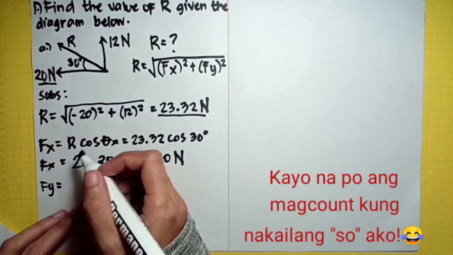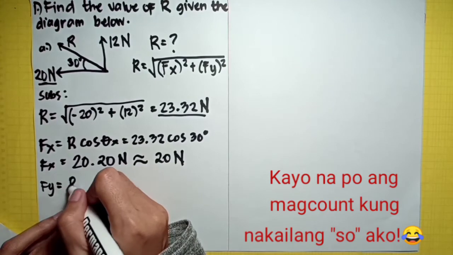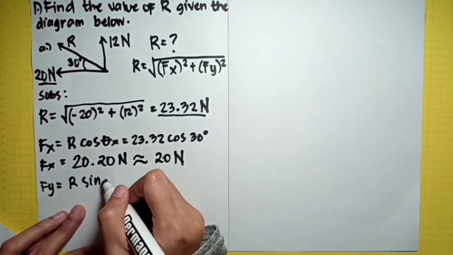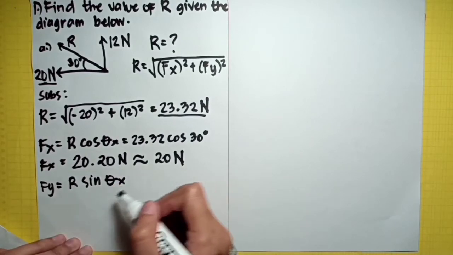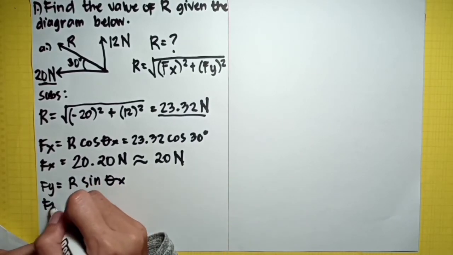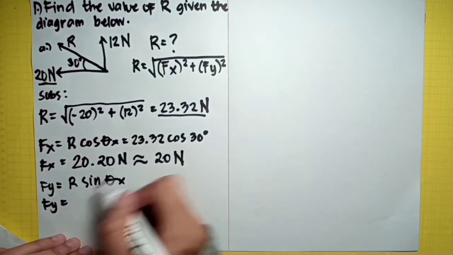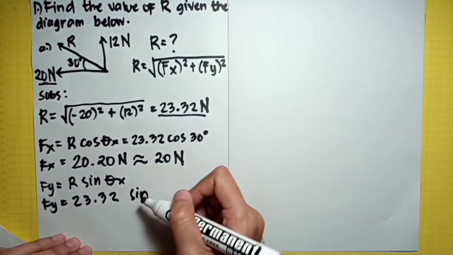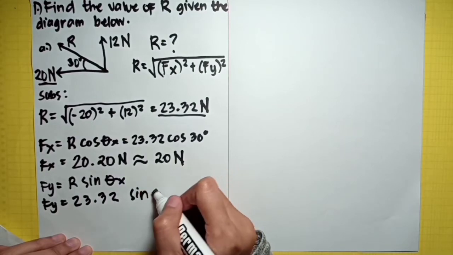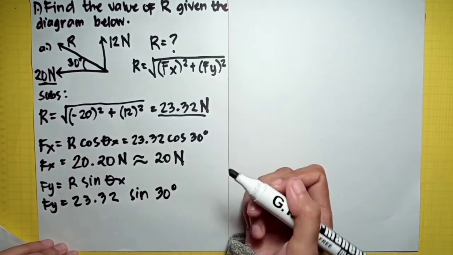So, for F sub y naman, same lang sa ginawa nating formula kanina. So, the resultant sine theta. So, ang magiging answer, substitute the value for R which is 23.32 sine theta which is the 30 degrees inclination.